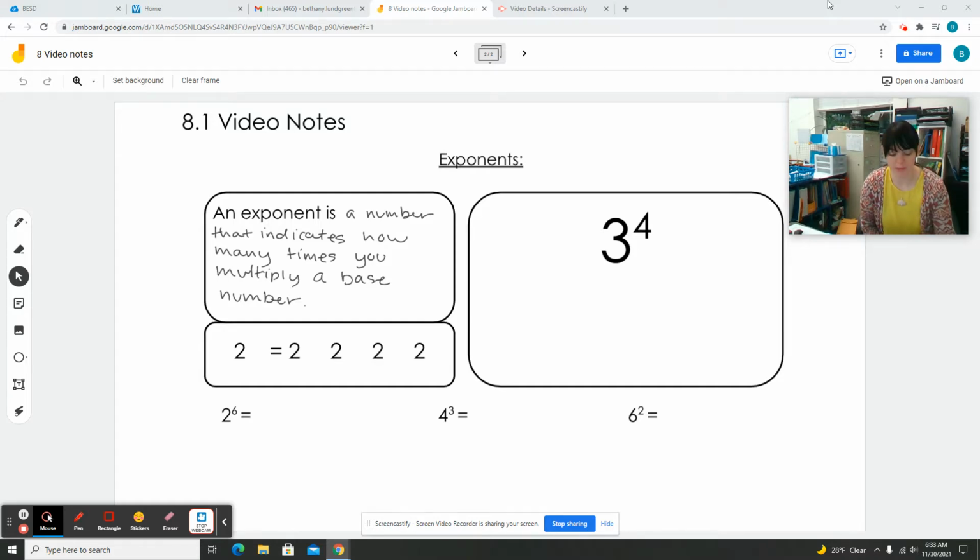So you might ask, what is a base number? Well, I'm going to tell you. Okay, over on the right side of the paper, we have a 3 that's big and then a 4 that is small and raised. This 3 is what's called our base.